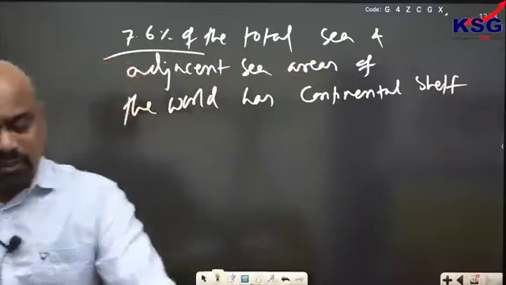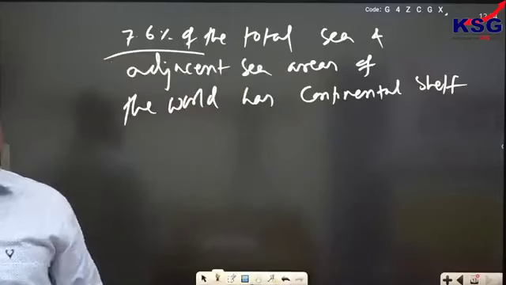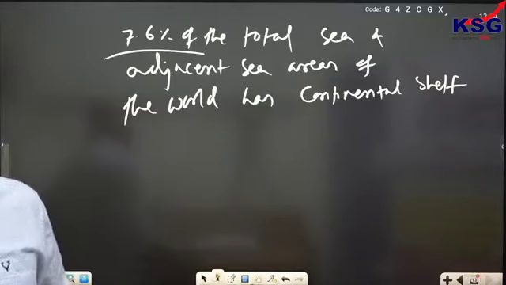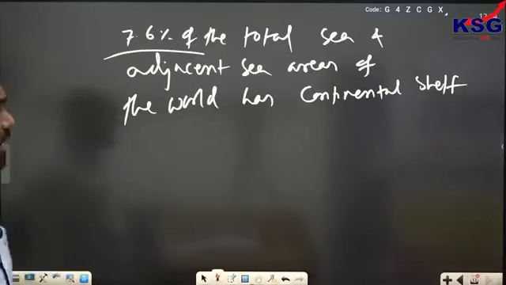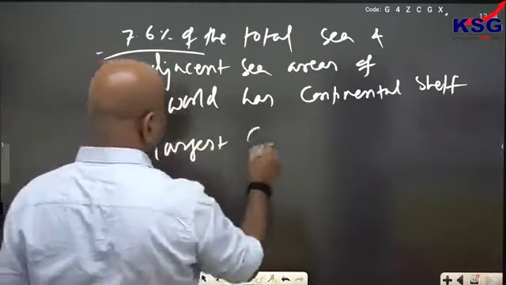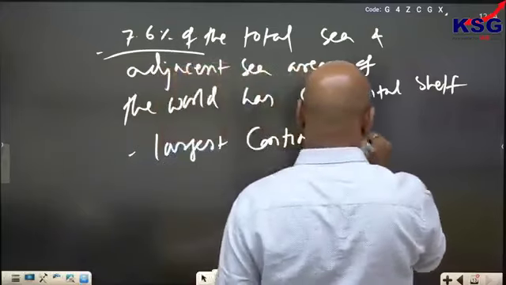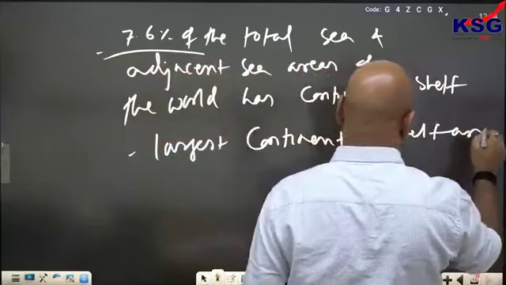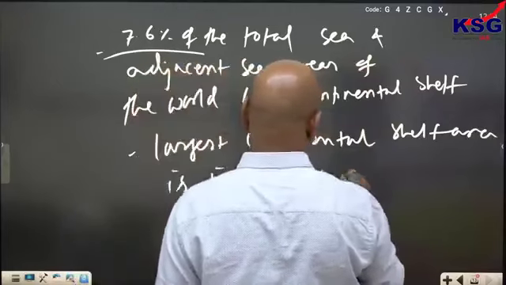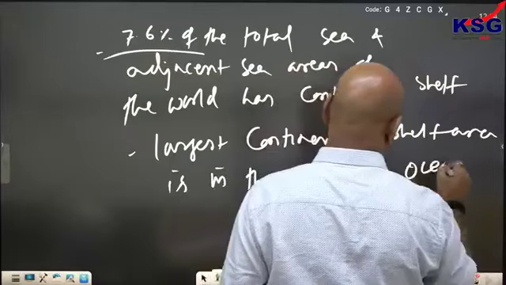So the continental shelf is very huge and is largely distributed in these regions. If you go for individual oceans, 13.3% of the area of the Atlantic Ocean has this type of continental shelf, the largest continental shelf area is in the Atlantic Ocean.